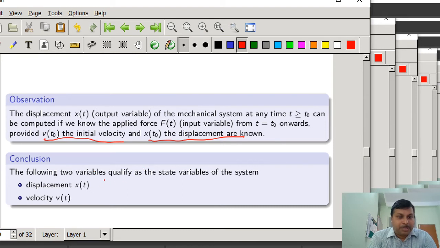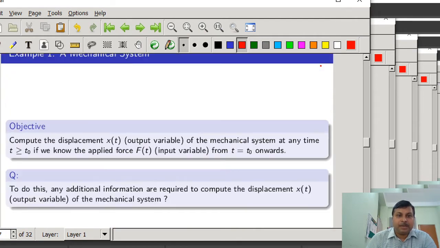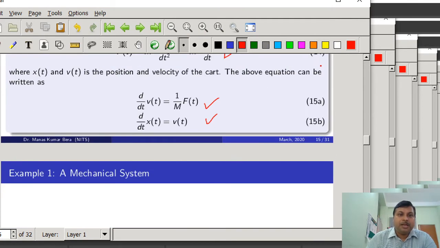If you go back to how we wrote the dynamics of the system, you will find that exactly the first derivatives of these two state variables were expressed as the dynamics of the mechanical system.